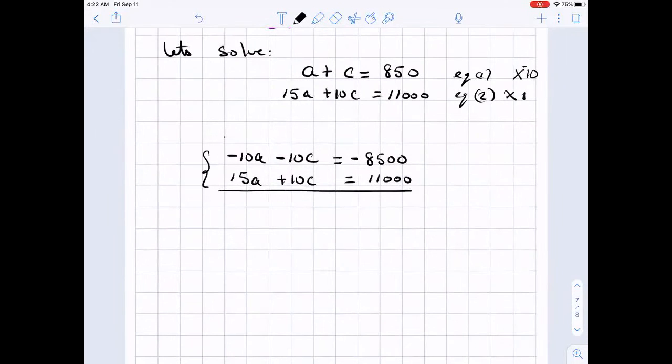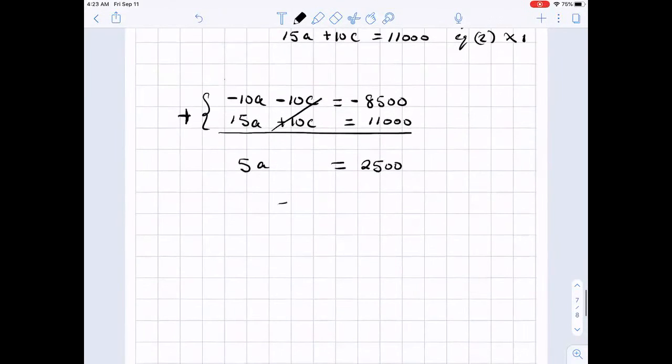So if you add these, you always add. This becomes 5A. This eliminates 0. And minus 8,500 plus 11,000 becomes 2,500. We'll divide both sides by 5. So we have A is equal to 500.